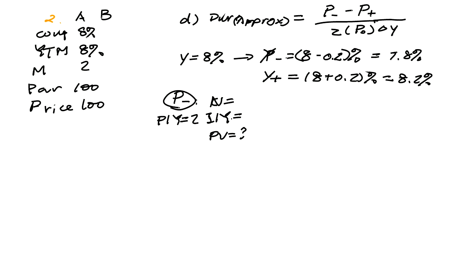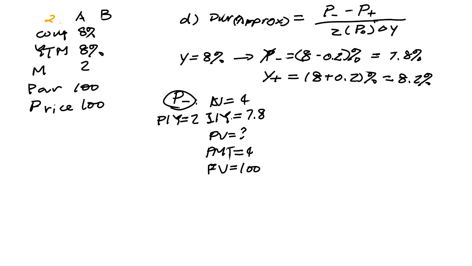The payment is the coupon payment, for an 8% coupon, 4 dollars for each coupon payment. FV is going to be 100. The new yield is 7.8%. N is for 2 years, 2 times 2, so 4 payments.